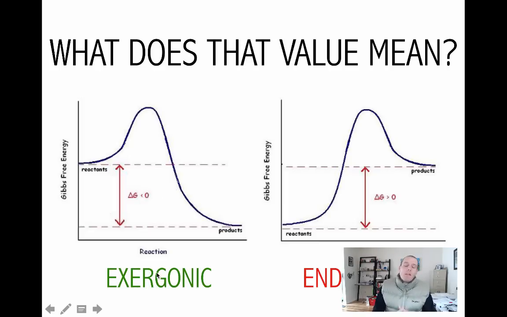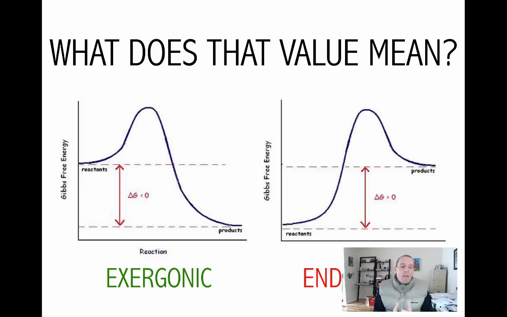So what that means is that when the sign of that delta G is negative, when you've got a number less than 0, a negative delta G, that means the reaction is exergonic. That means energy will be released, and we can then harness that energy, in the case of cellular respiration, and use it to do work.